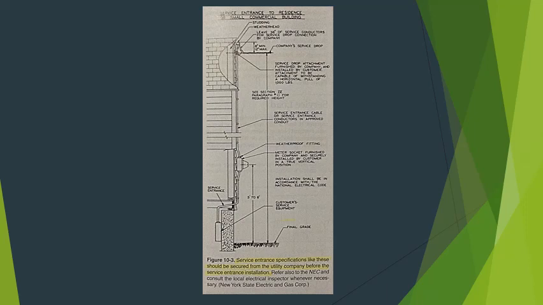Where to locate service? When selecting the service entrance location, use the following guidelines. First, the underground service entrance conductors, whether enclosed in cable or conduit, should be installed in a straight path to make finding the buried conductors easier.